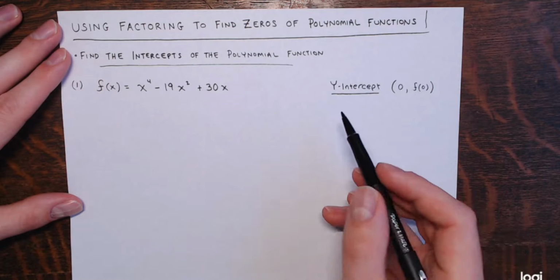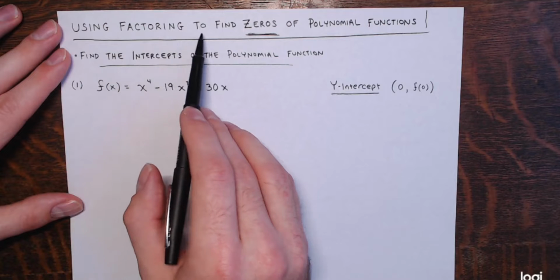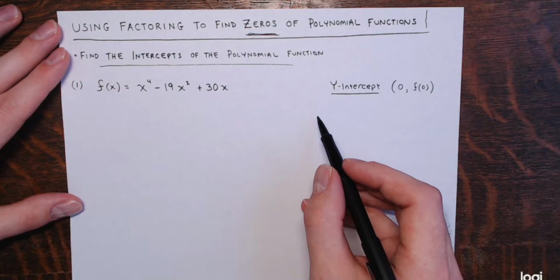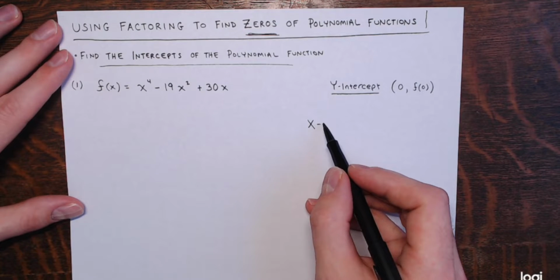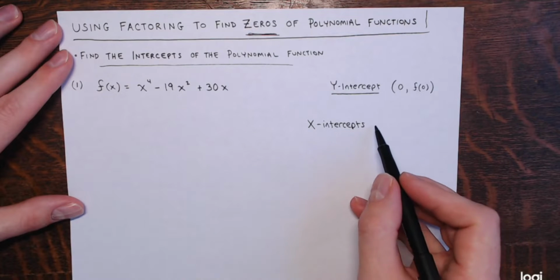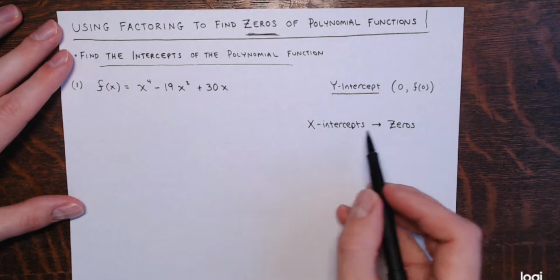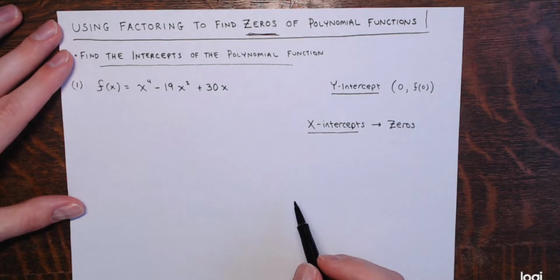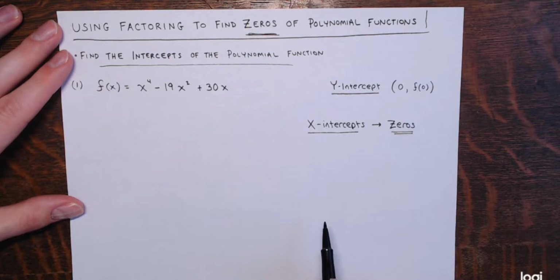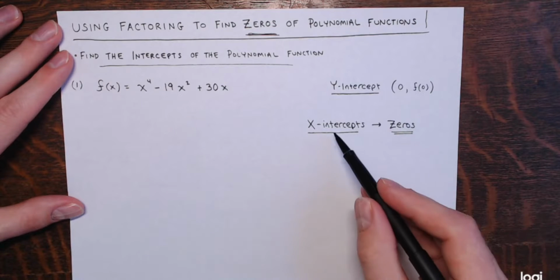Now, part of the title is using factoring to find what are called the zeros of a polynomial function. Zeros is just another word for x-intercepts. So the x-intercepts of a function are also referred to as the zeros of that function. Well, technically the real zeros are the x-intercepts.